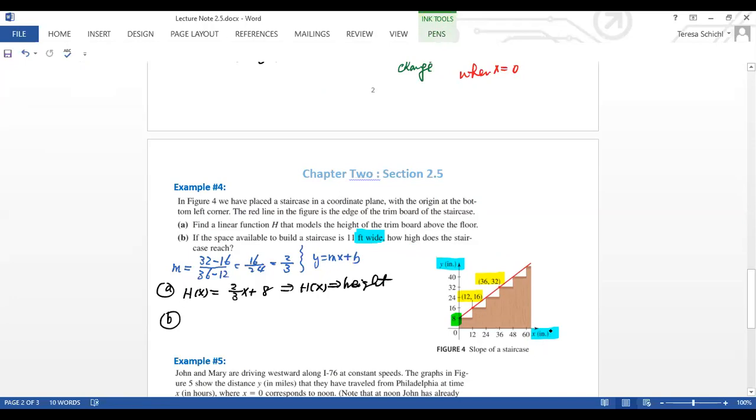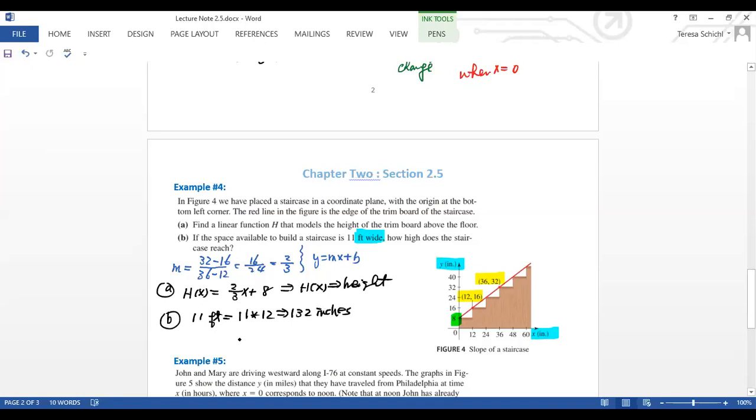Now take a look, be very careful. I did this model in inches, so I need to change to inches. So 11 feet is equal to 11 times 12, so it's 132 inches.